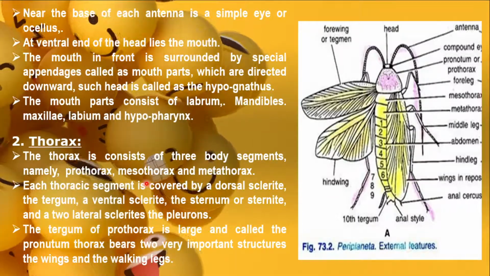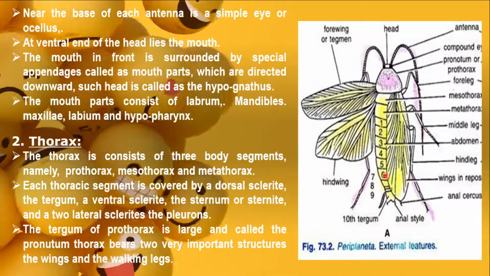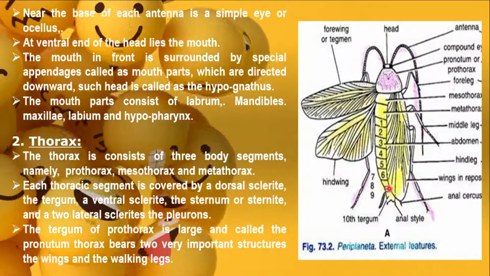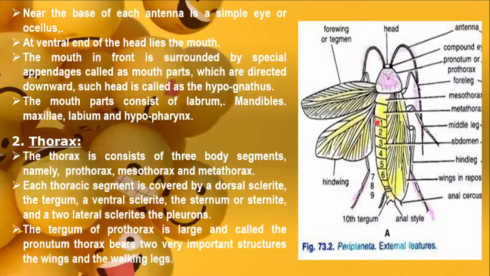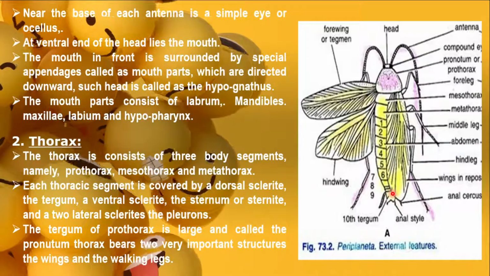See, the thoracic segment is covered by a dorsal scleroid. On the uppermost surface, the upper covering of the segments is called the dorsal scleroid, or the tergum. Number of segments are given here: 1, 2, 6, 7, 8, 9, and the last segment.